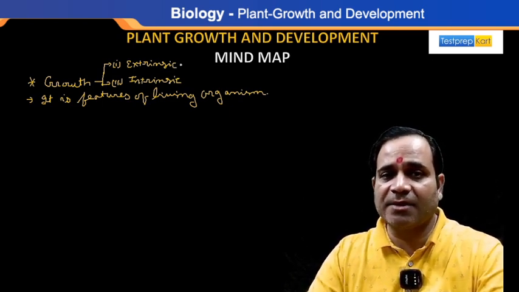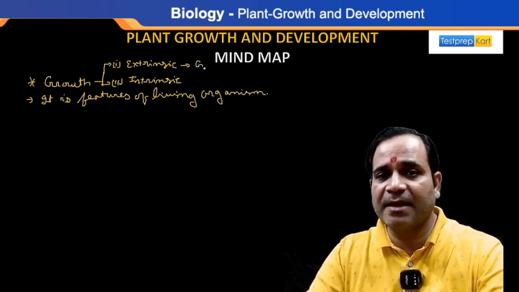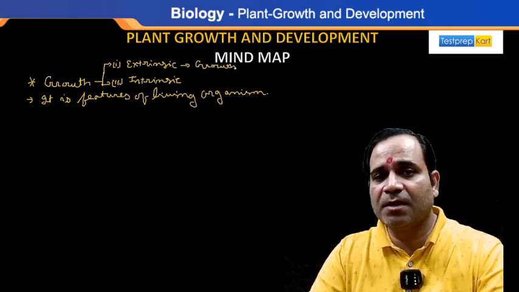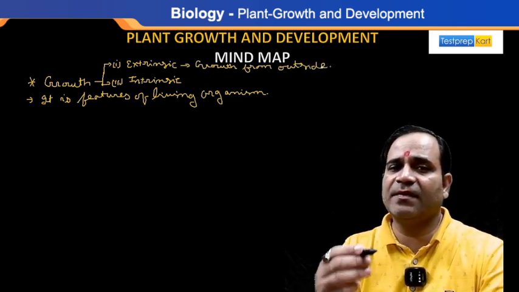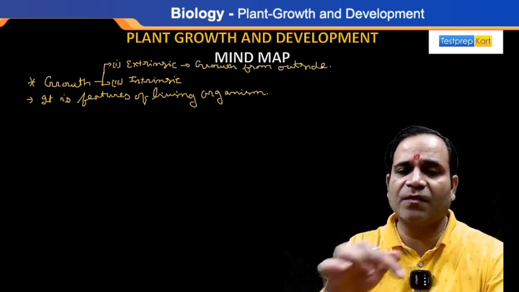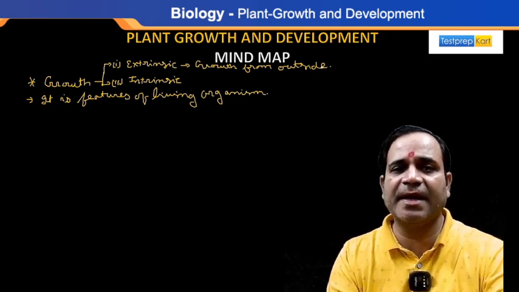So let's see. Growth from outside: what is the meaning of outside? If any part of the living organism grows externally, then it is known as extrinsic growth.